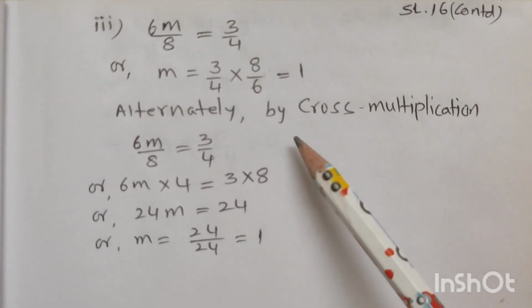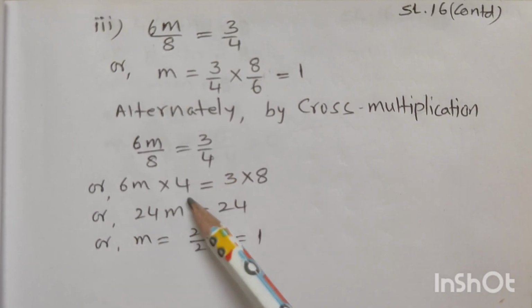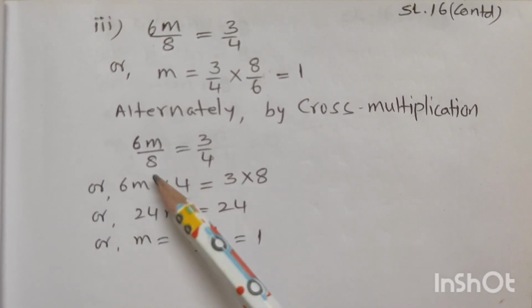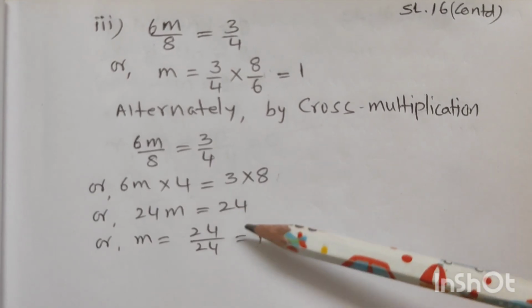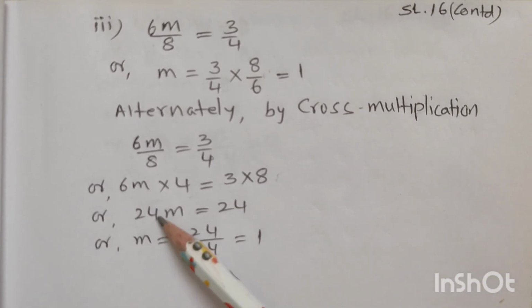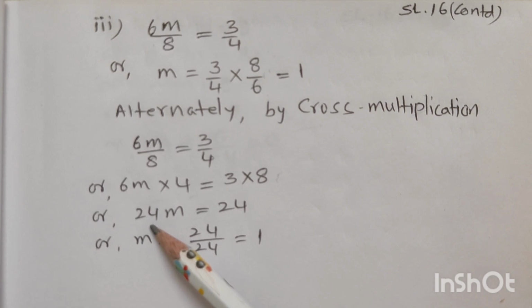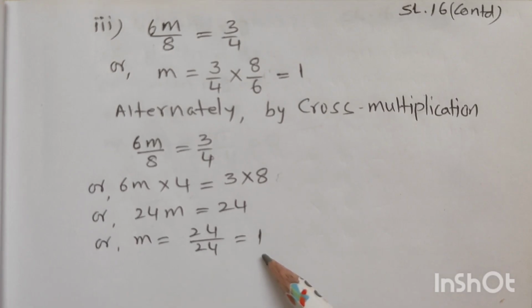What we do is we cross multiply. 6m is multiplied by 4 and 3 is multiplied by 8, and the further steps follow, like this 24 which was multiplying here has come here and it has been divided, and we get the value m is equal to 1.